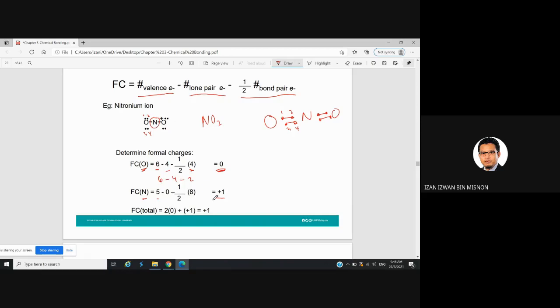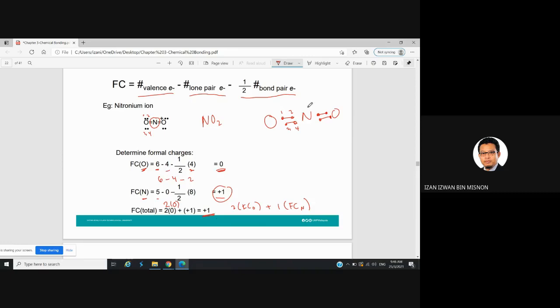So we have 2 times the formal charge of oxygen, 0, plus the formal charge of nitrogen, +1, and the overall formal charge will be +1.